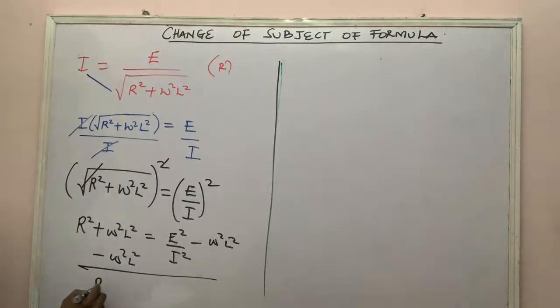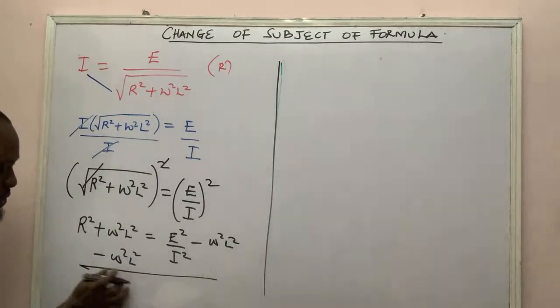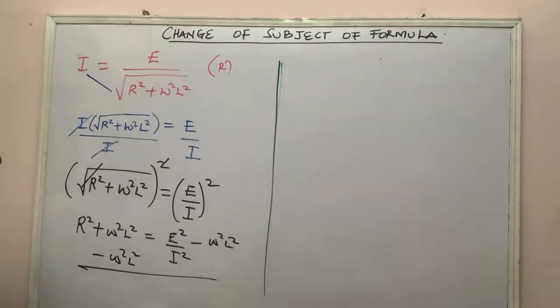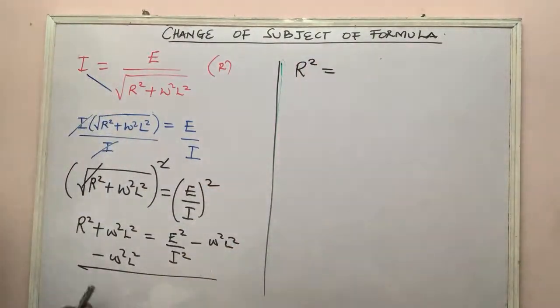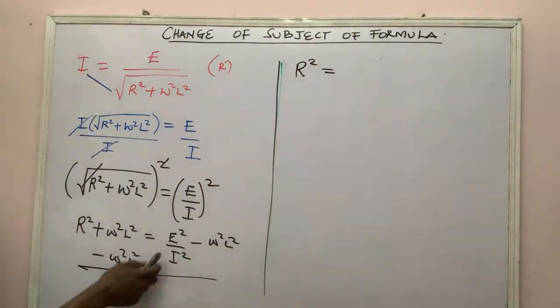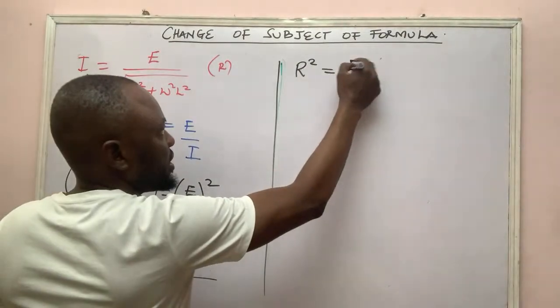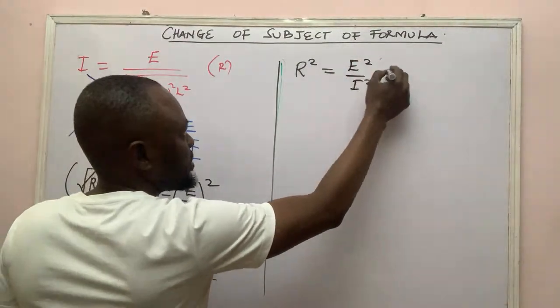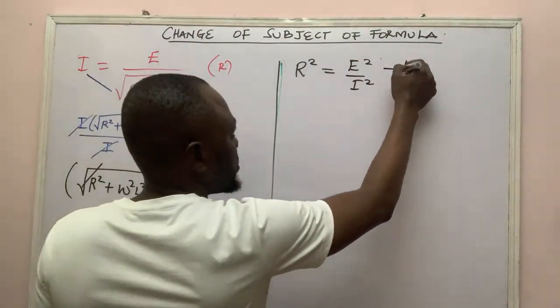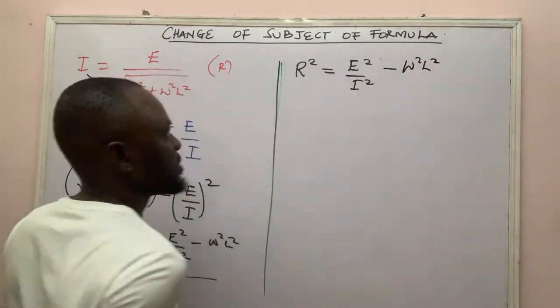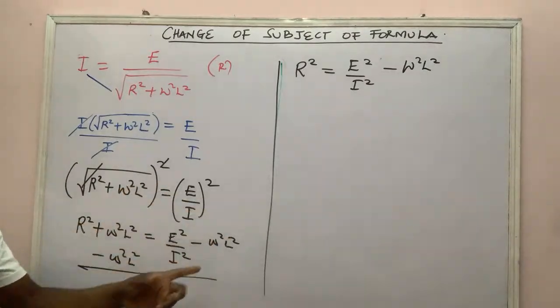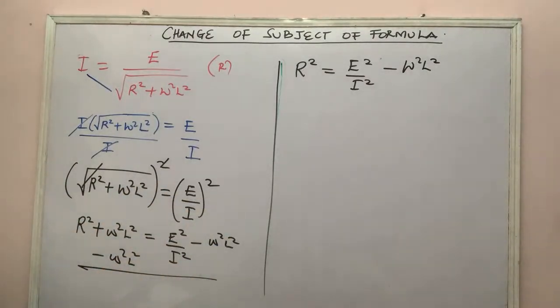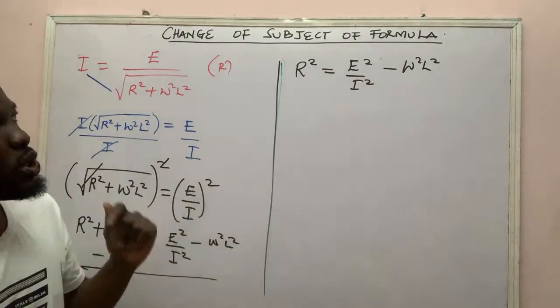So I have r squared equals, this minus this is 0, obviously, so I have E squared over I squared minus w squared L squared. So it's either we do that or you take this to the other side, so you still get the same thing. So we are not done yet.